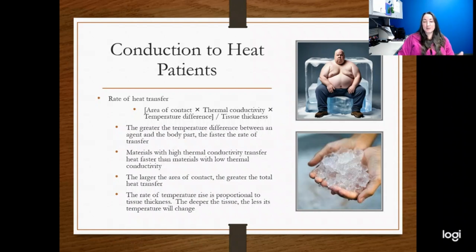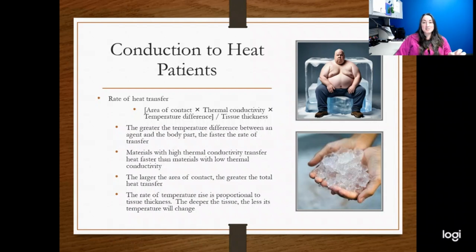Rate of heat transfer, here's another formula for you to read, but you don't have to necessarily memorize. But things that you need to understand: the greater the temperature difference between an agent and a body part, the faster the rate of transfer. So if you put something that's a little bit warmer than body temperature versus a lot warmer, the transfer rate will be different.